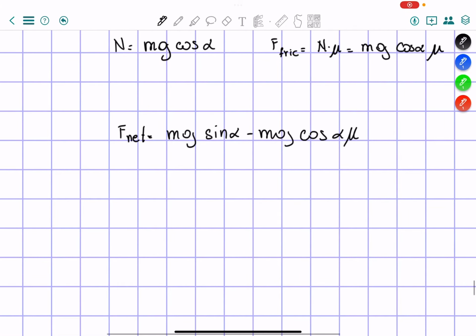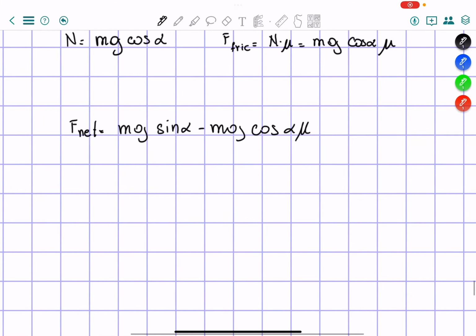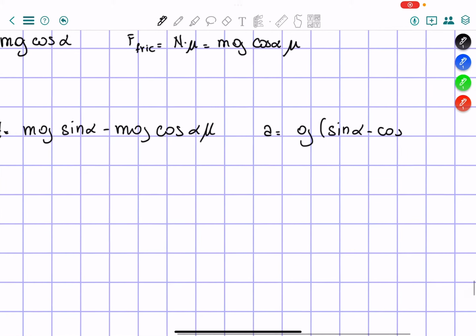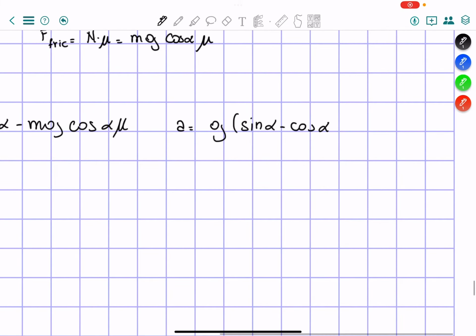Of course, I can divide it by m, and I will find the acceleration. So the acceleration is equal to g times sine of alpha minus cosine of alpha times mu, and that is the acceleration of our ball.